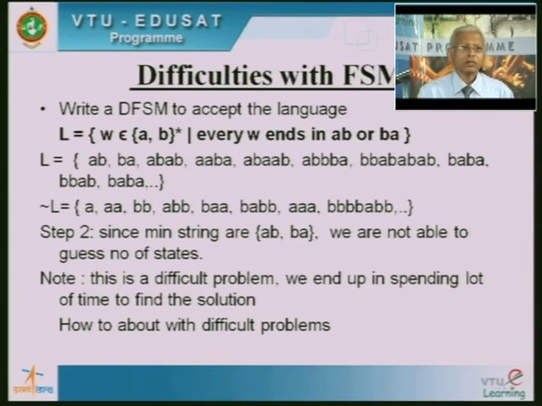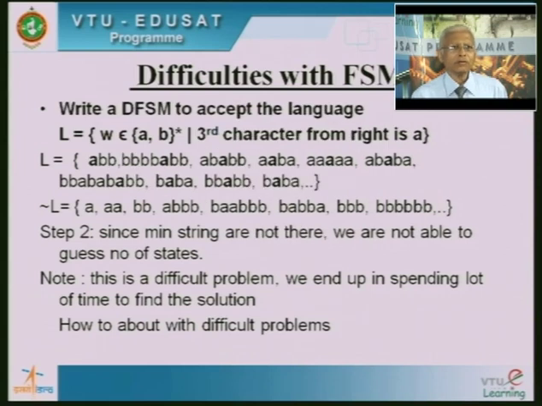Though you can list which strings are to be accepted and which are not, it becomes very difficult to guess how many states are required for this problem. You will encounter this in many more problems. So, today we will be writing a deterministic finite state automata for this problem.